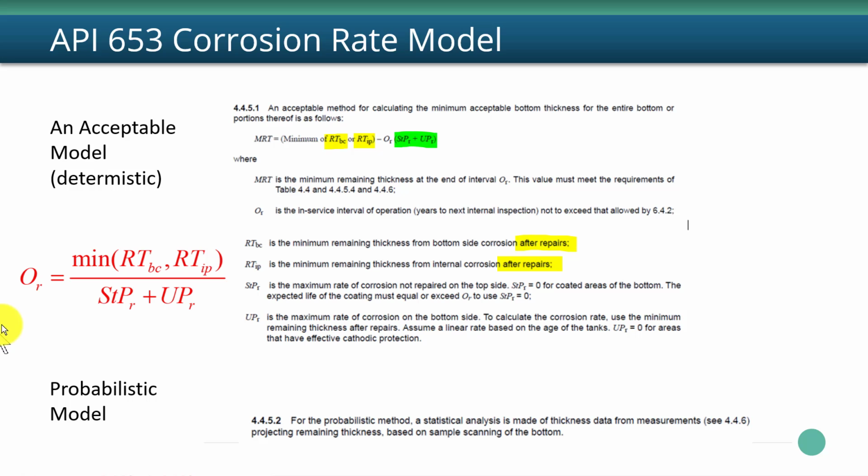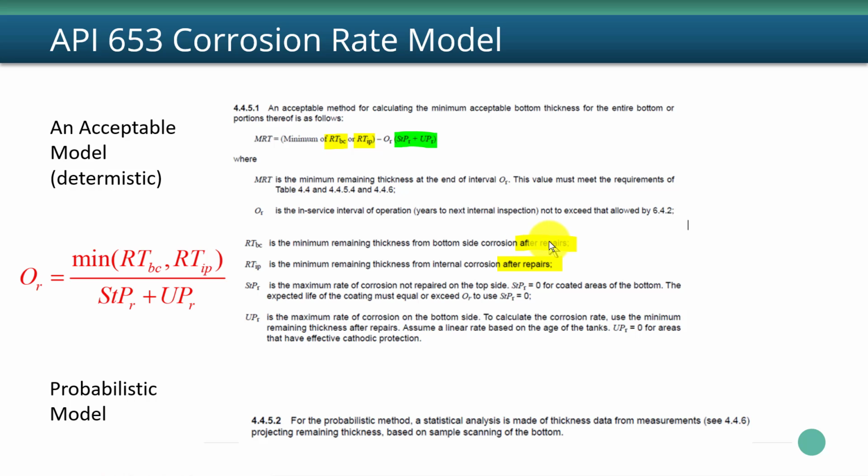Here we've rearranged this formula into solving for OR, which is the operating interval. You take the minimum of either the top side remaining thickness or the bottom side remaining thickness, and those are defined here. RTBC, for example, is the minimum remaining thickness from the bottom side corrosion after repairs.